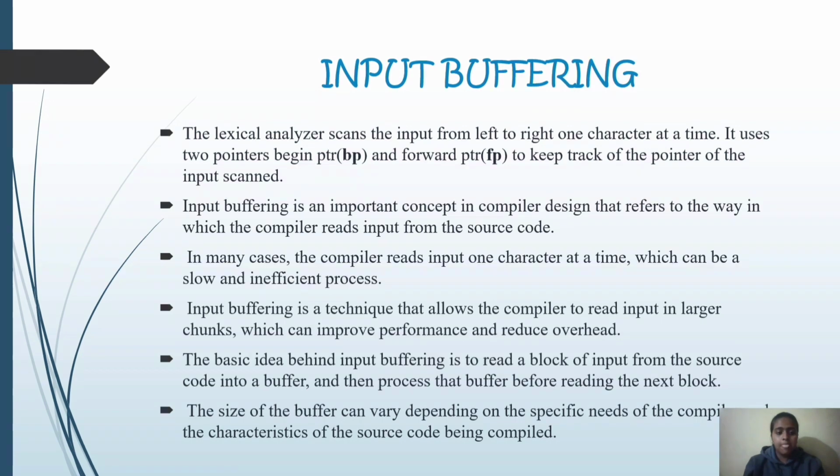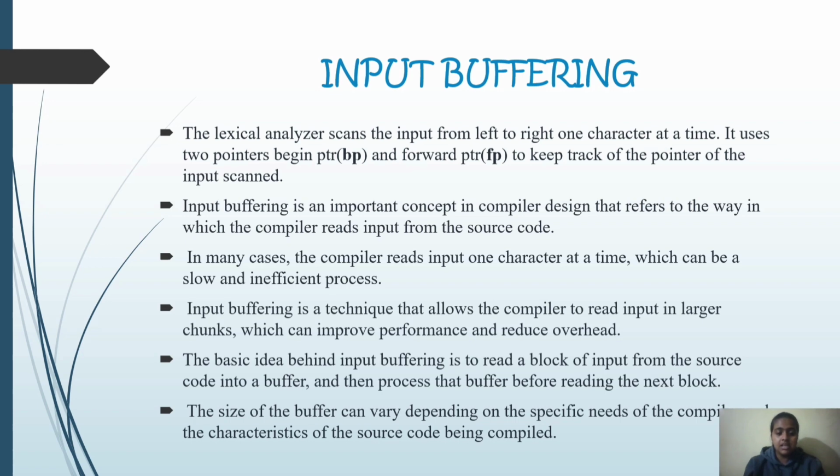Input buffering. The lexical analyzer scans the input from left to right, one character at a time. It uses two pointers, begin pointer BP and forward pointer FP, to keep track of the portion of the input scanned. Input buffering is an important concept in compiler design that refers to the way in which the compiler reads input from the source code.